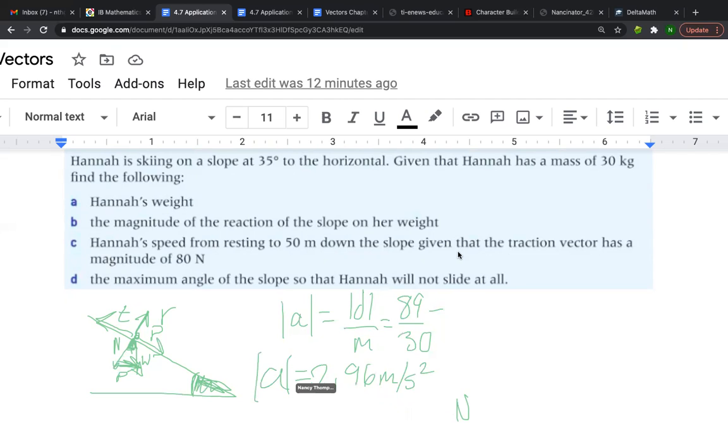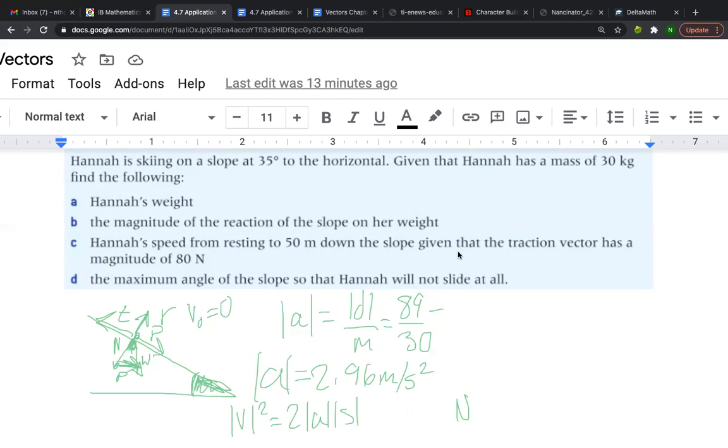But then we know that her initial velocity is 0 because she's at rest. But then the velocity squared is equal to 2 times the acceleration times her distance.